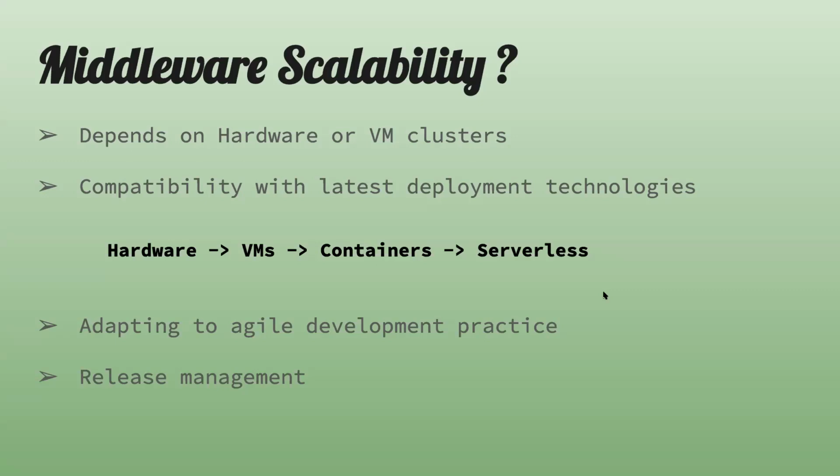We know that there are already AWS, Azure, and other cloud providers that allow us to deploy these Lambda functions into their services. And now we can see that industry is adopting agile development.